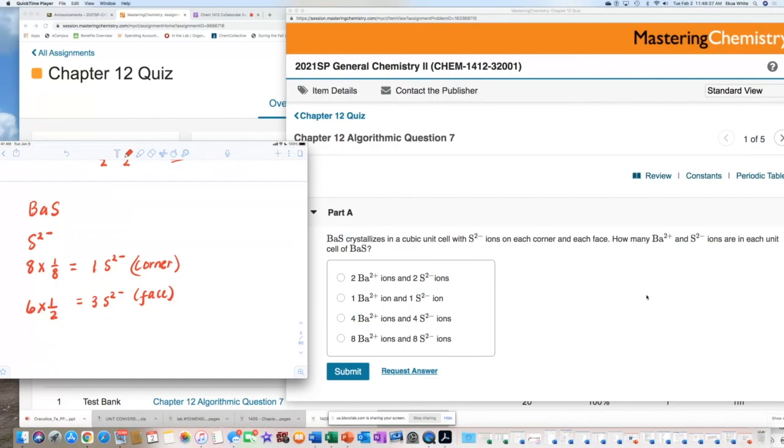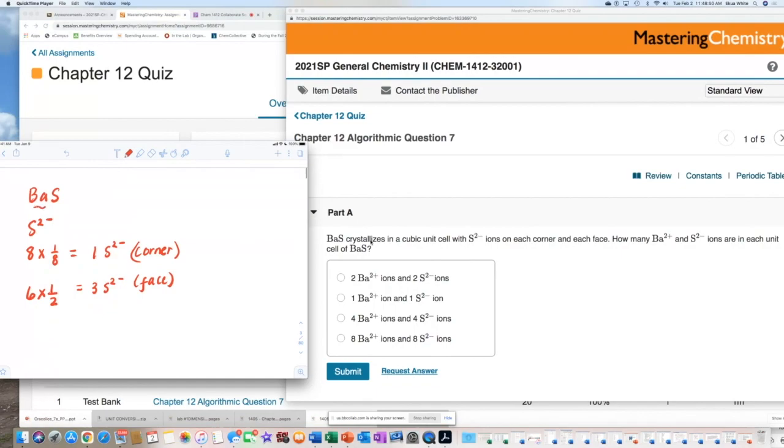So how many barium ions and sulfide ions are in each unit of barium sulfide versus sulfate? Okay? So they already gave you the empirical formula. The empirical formula shows you a 1-to-1 relationship. That means that the number of barium ions must be equal to the number of sulfide ions.